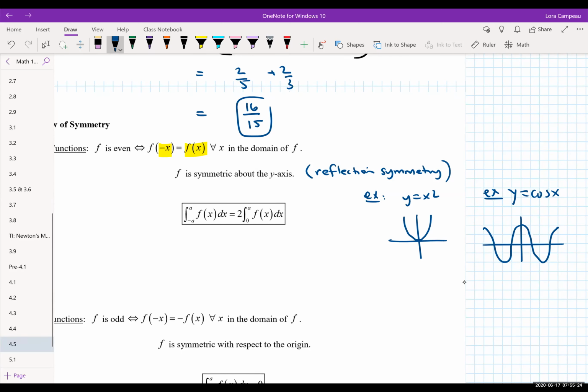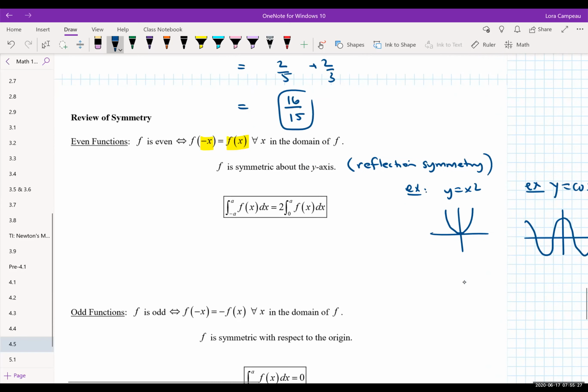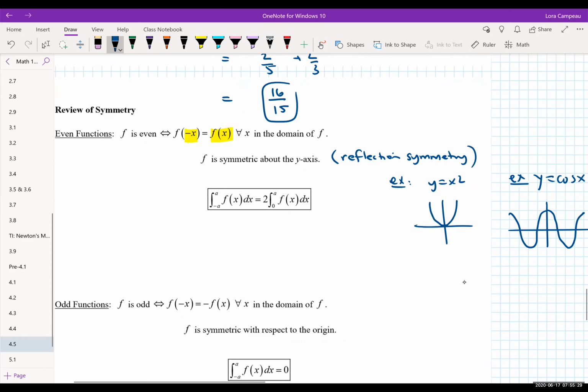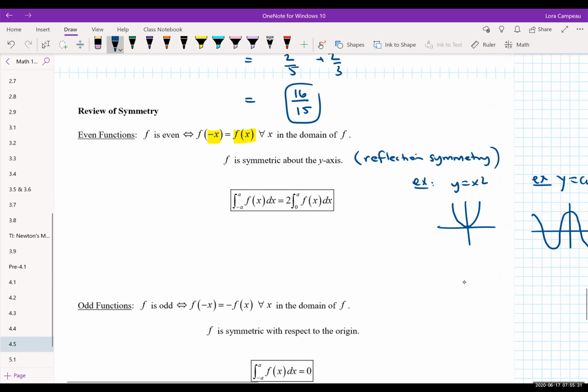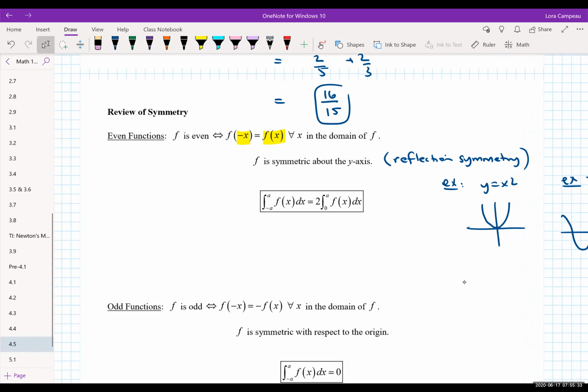Let me show you what's going on. I'll take that cosine function and draw it a little nicer for you. It doesn't have to be perfect cosine, but I'll try to do part of it at least.